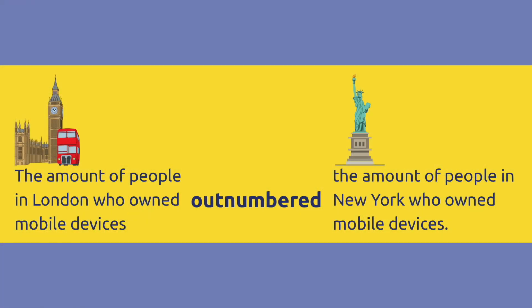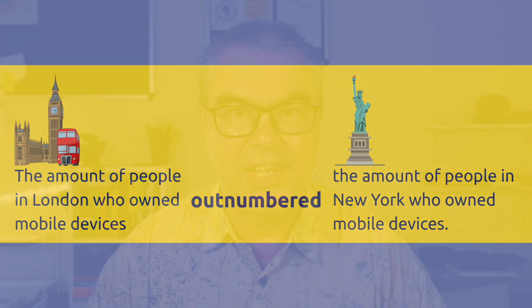Now, let me just show you a couple of examples of the bigger than statements so that you can see how they work in a real comparison sentence. The amount of people in London who owned mobile devices outnumbered the amount of people in New York who owned mobile devices.